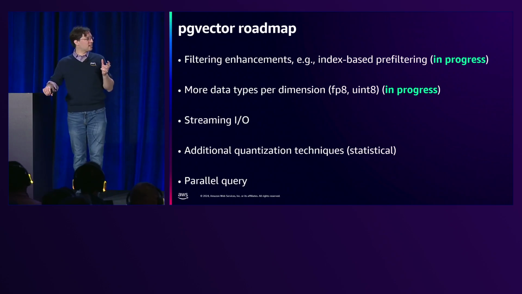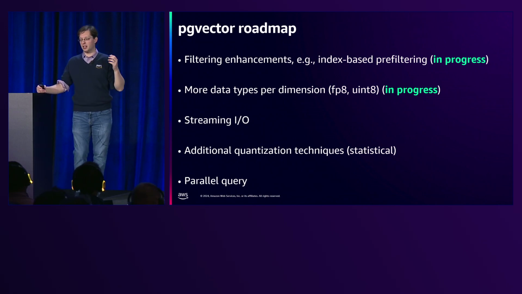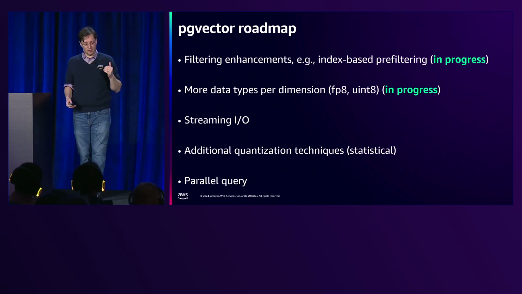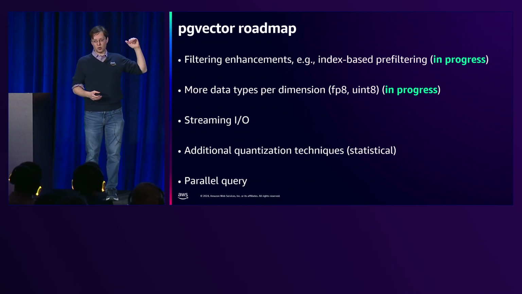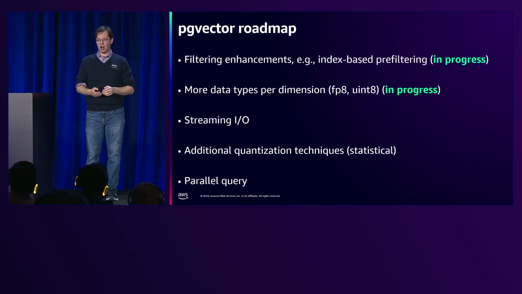We've been doing some early tests on it to see if it could benefit pgvector. Definitely on the IVFFlat method, where when you're reading from disk there are a lot of streaming blocks that you need to read in. It could also work well with HNSW, but you would likely see more benefit for IVFFlat. There are also additional quantization techniques, where statistical quantization looks promising, and supporting parallel query as needed.